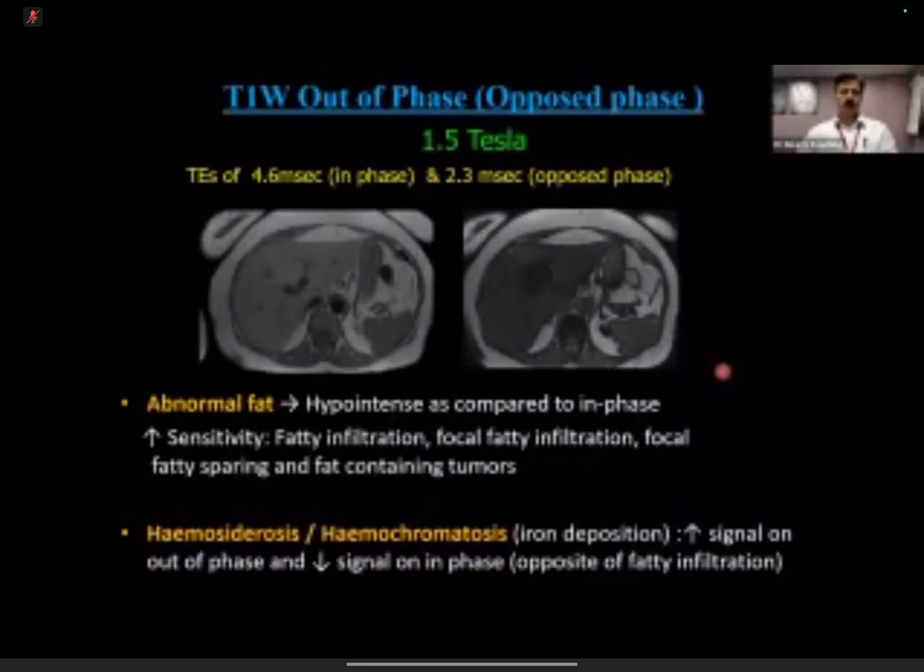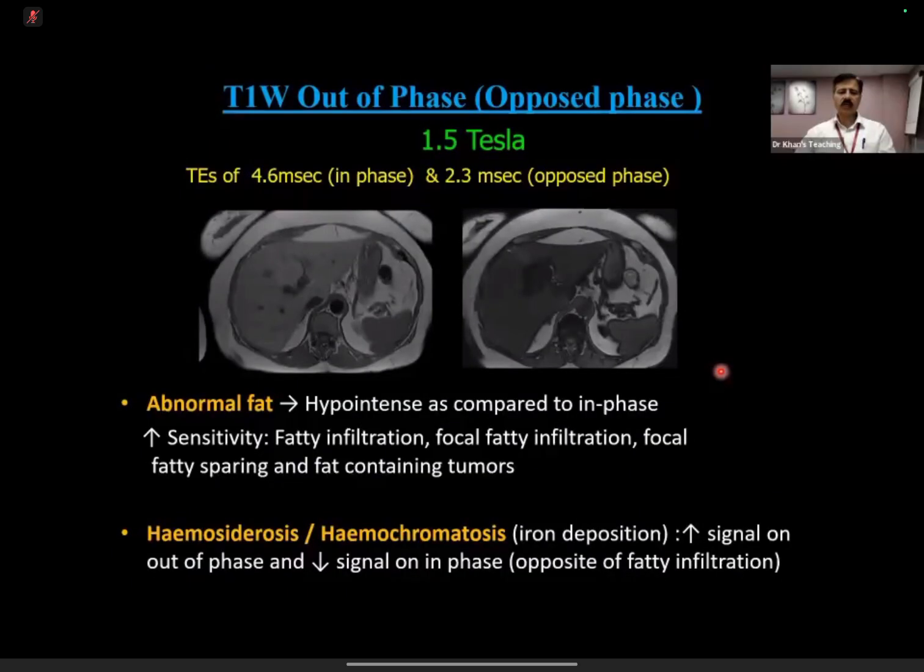No problem. So this is just the same thing which I have already told you, in phase and opposed phase. And please remember that this is used to pick up fatty change, and this is also used for iron deposition. Hemochromatosis is an exam case.